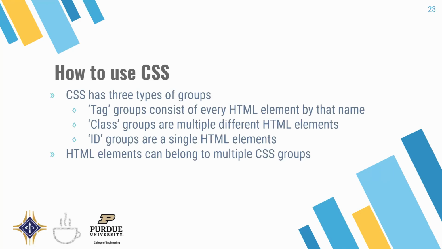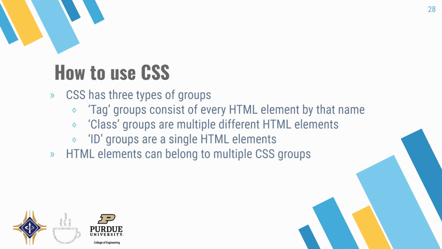So back to CSS for a little bit. There are three ways to group HTML tags into CSS styling groups. There are tag groups, class groups, and ID groups. Now, you can guess what they mean by the name alone, but basically a tag group represents all HTML tags of that tag name. Classes are all HTML elements with that specific class name, and ID is that specific HTML element with that specific ID.